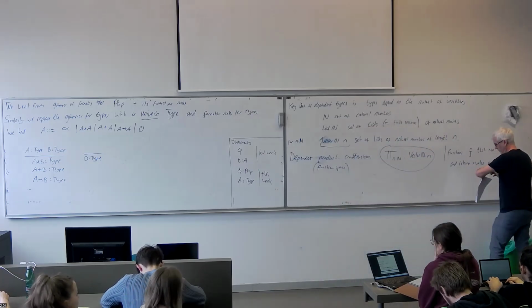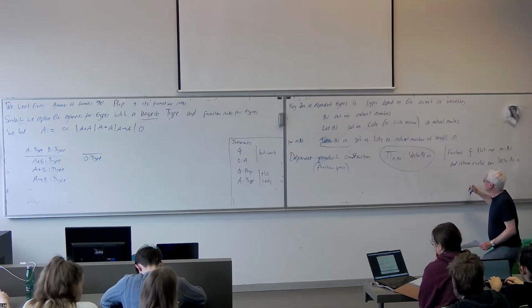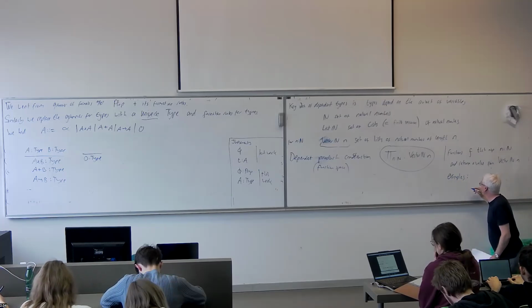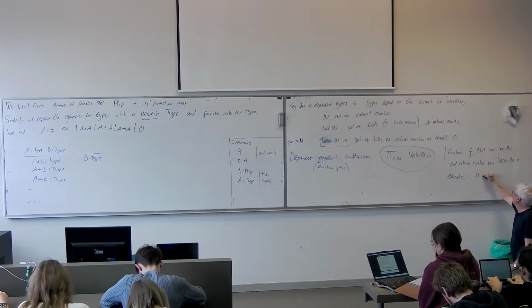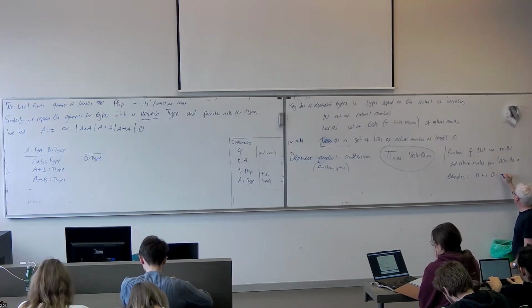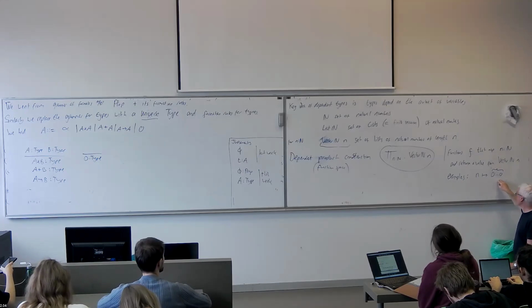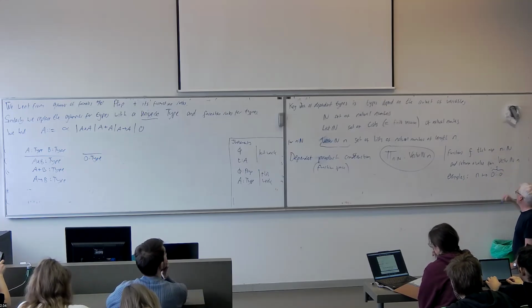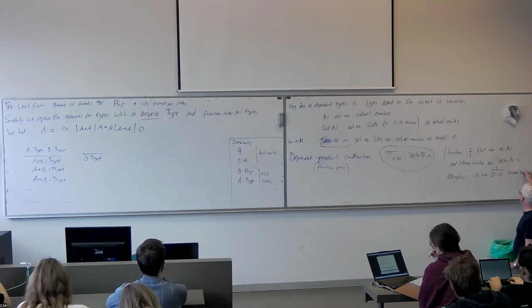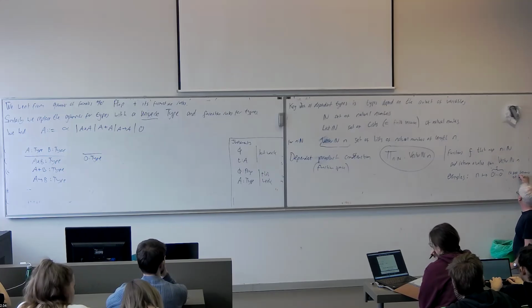So for example, of two such functions, we have a function that maps n to the constant 0 vector of length n. I'll write it like this, thinking of it just as a sequence of natural numbers, a 0 sequence of length n.